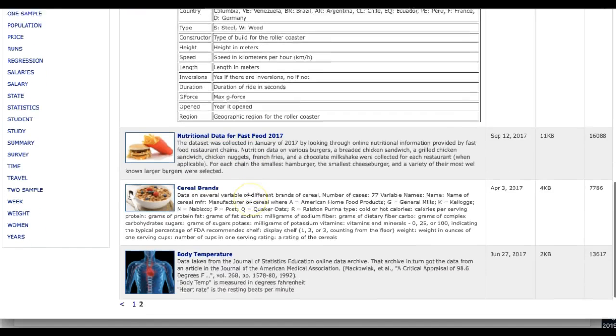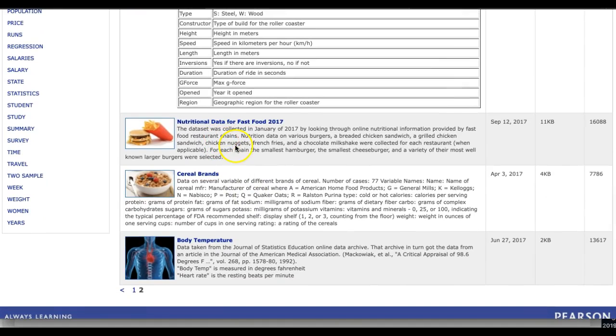So here we go. This data set for fast food was collected in 2017, and they're looking at online nutritional information provided by fast food restaurant chains. They pick different burgers, breaded chicken sandwich, grilled chicken sandwich, chicken nuggets, french fries, chocolate milkshakes, and from there they collect the nutritional information.